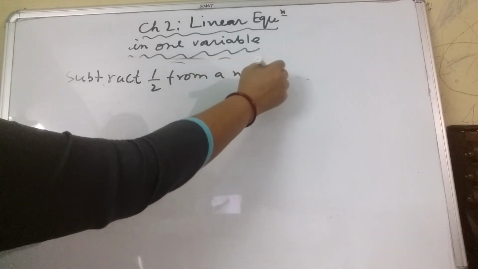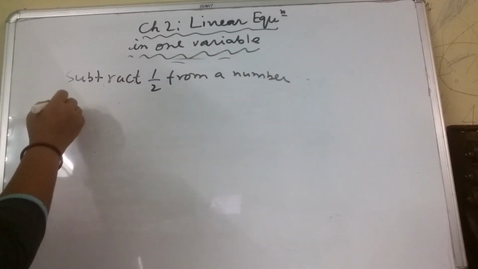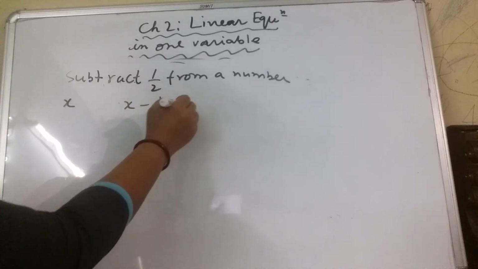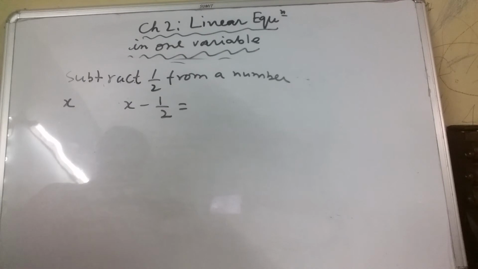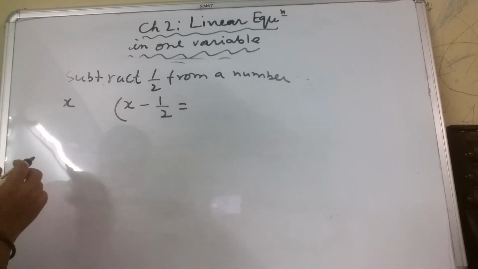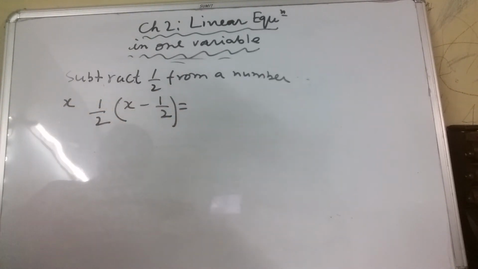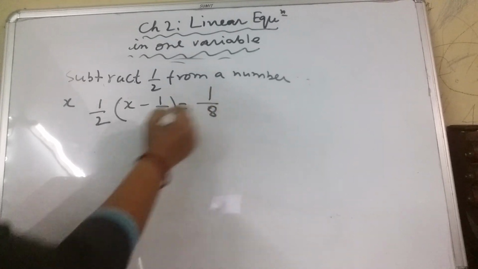The number you don't know, so you take x. (x - 1/2) equals, multiply the result by 1 by 2. This result has to be multiplied by 1 by 2 and you will get 1 by 8.